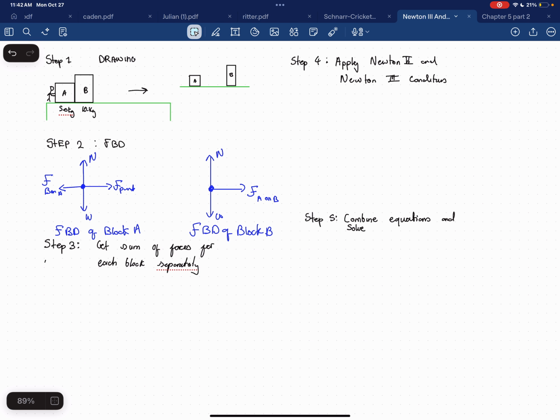So, in our analysis, when we get the sum of forces in each direction, what we should do is do it separately again for each free body diagram. So if I have block A over here, I look at my forces in the X direction and Y direction.